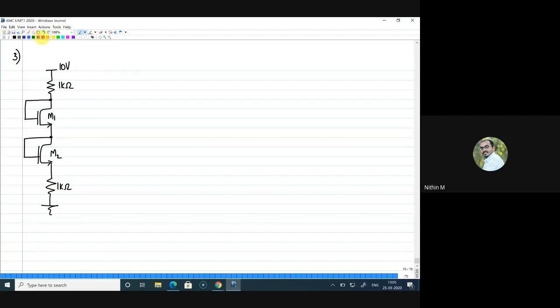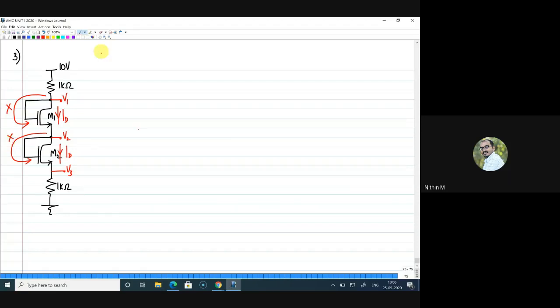Now this is marked as V1, this is marked as V2, and this is marked as V3. And current flowing through M1 is ID, current flowing through M2 is also ID because there is only one branch. And you can see that current cannot flow here, and this is also not possible, because current cannot flow into the gate of a MOSFET, gate current being 0.